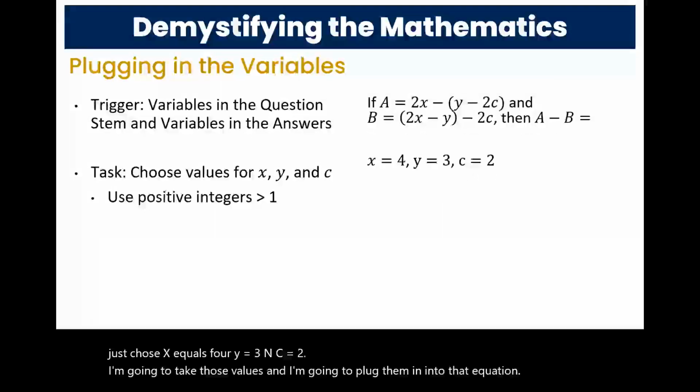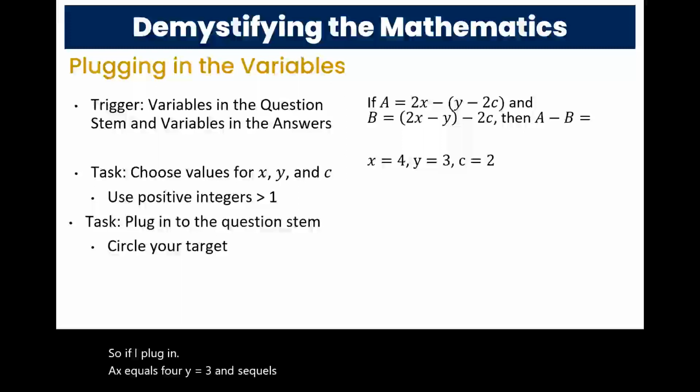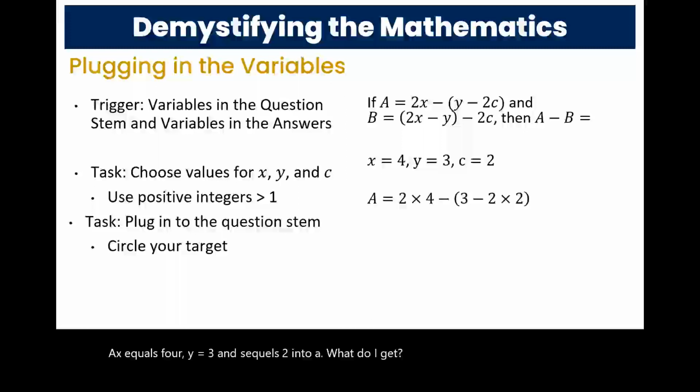If I plug in x equals 4, y equals 3, and c equals 2 into A, what do I get? This is where the calculator comes in handy, because you can just use it to do these straight away.